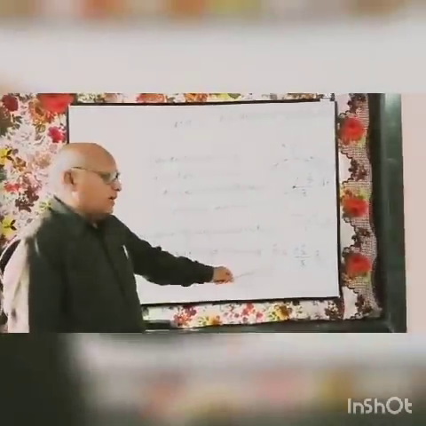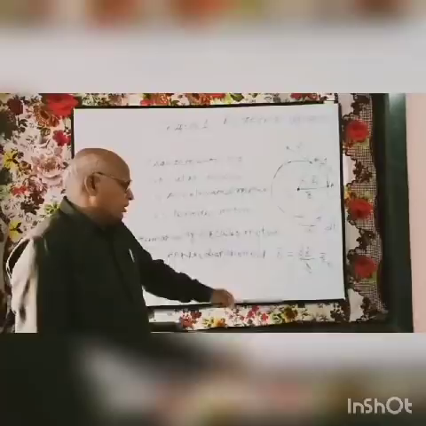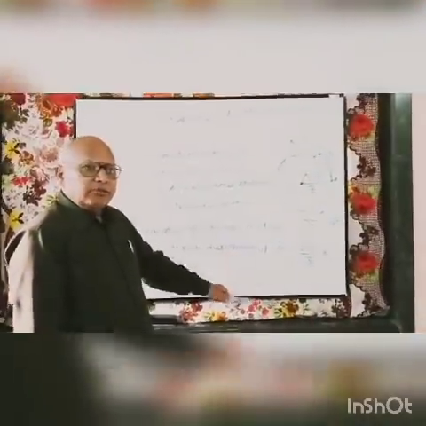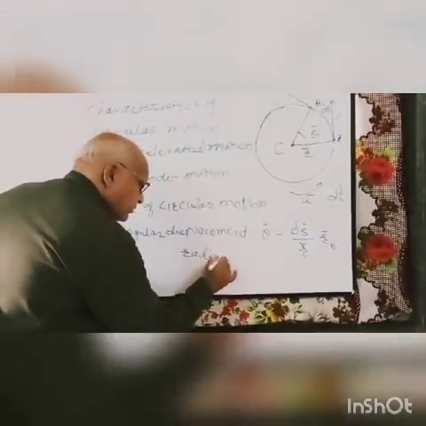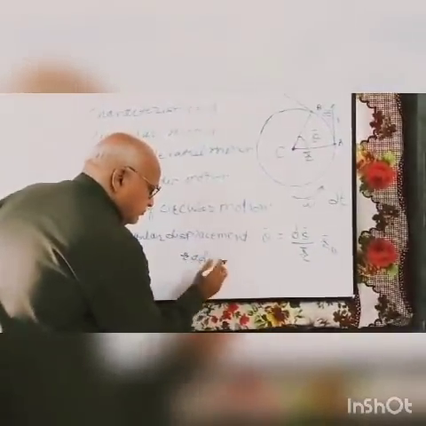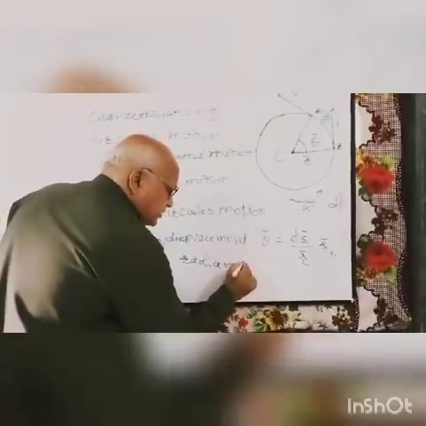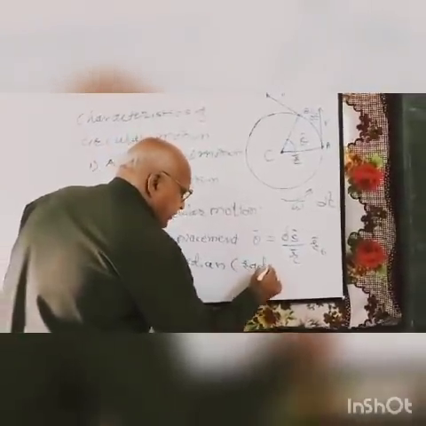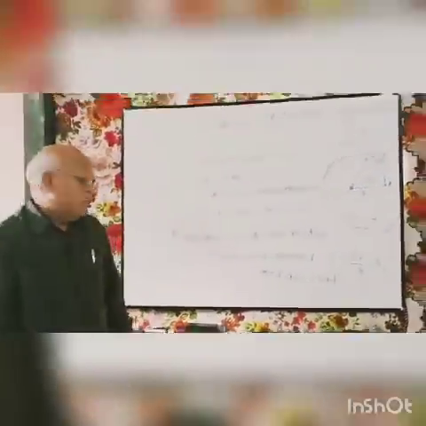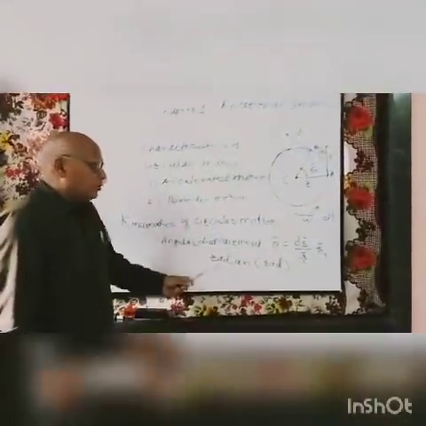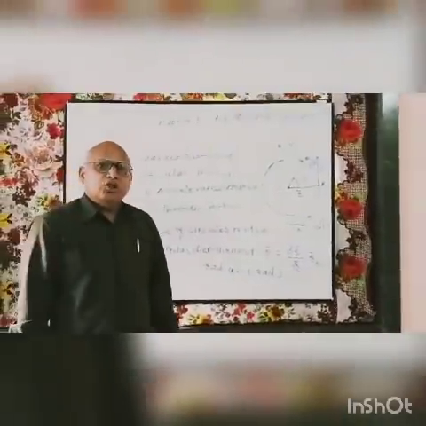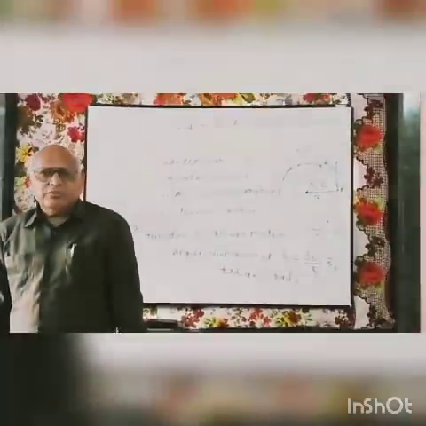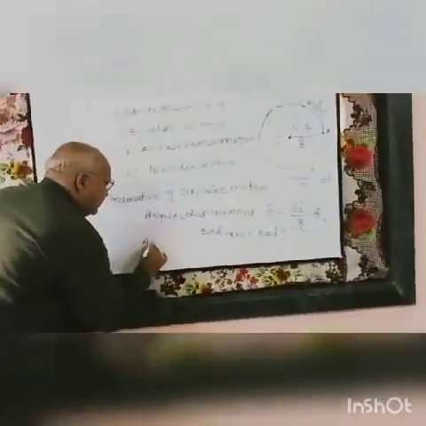Next, the SI unit for this is radian, denoted by rad. Next, when the particle is performing angular displacement, the rate of change of angular displacement with respect to time is called angular velocity.